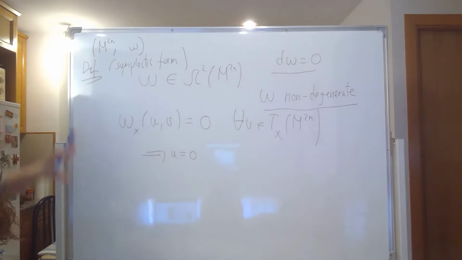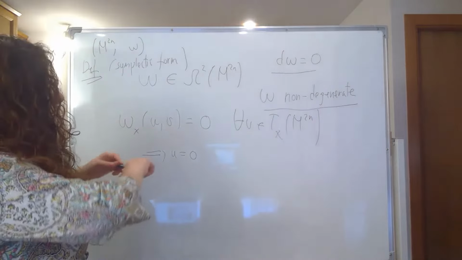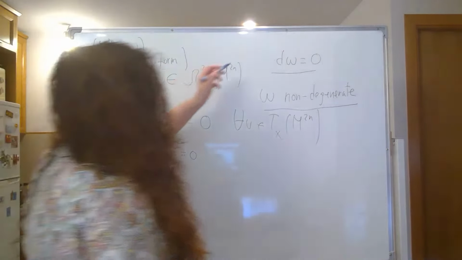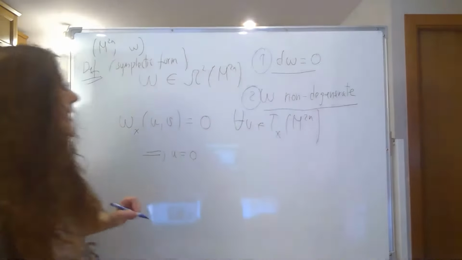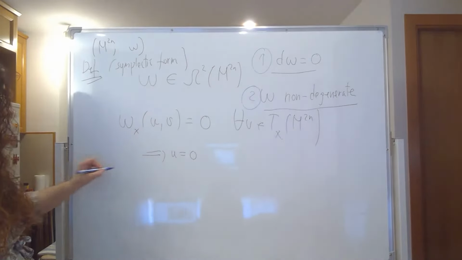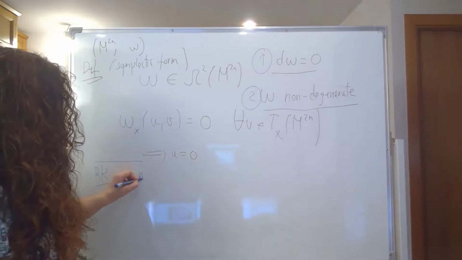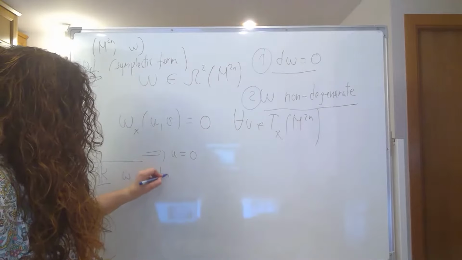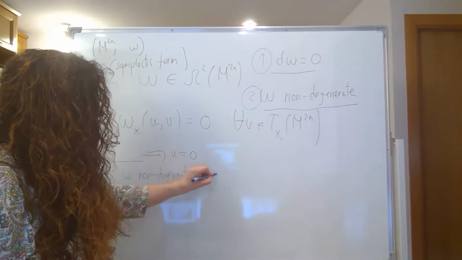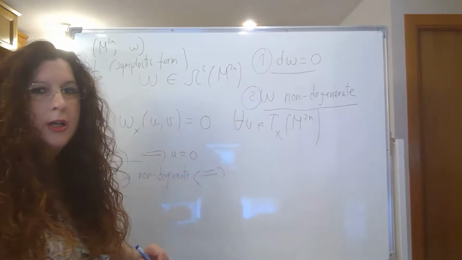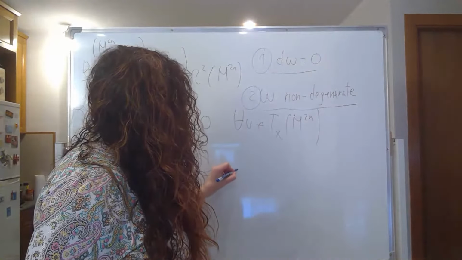I'm just recalling the definition of symplectic structure. And I'm recalling that this symplectic structure has to satisfy these 2 conditions. All right. And I'm recalling that the condition of omega non-degenerate, and that's an important remark, is a condition that I can think of without evaluating this.